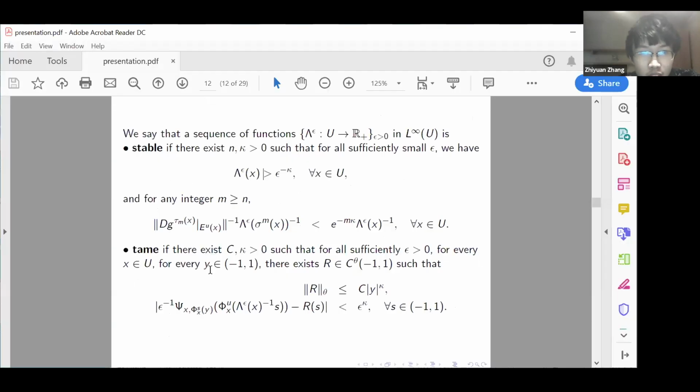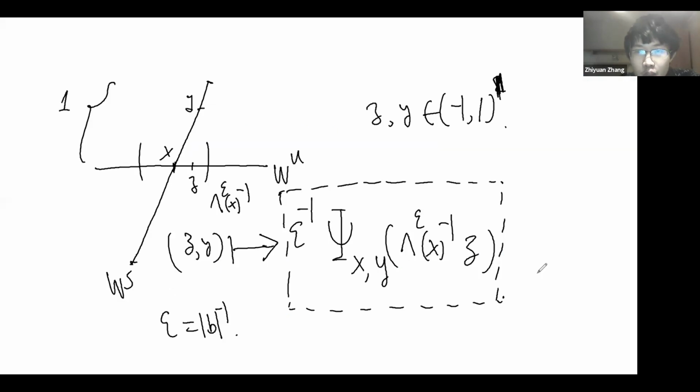So basically, the first condition is called stable. Of course, we can choose this at each point so that this is bounded. We just need to choose this to be very, very large compared to epsilon. For instance, we choose this to be epsilon to the power of some very large k, then things will be okay. But this choice is not very useful for us.